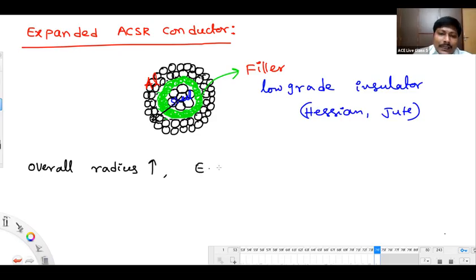You know, electric field intensity is inversely proportional to radius. If radius is more, field intensity is less. Corona reduces with the help of this conductor. With the use of this conductor, corona is going to be reduced. That's the advantage. Expanded ACSR conductors are used to reduce the corona.